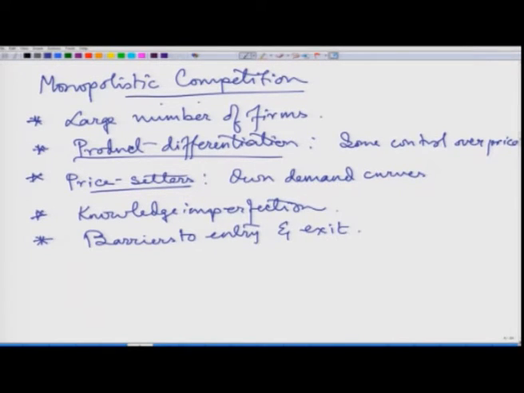And with product differentiation, if they want to bring a new product, there can be several regulations and certifications, and the more imperfect the market is, the stronger these barriers get. So there are barriers to entry and exit.